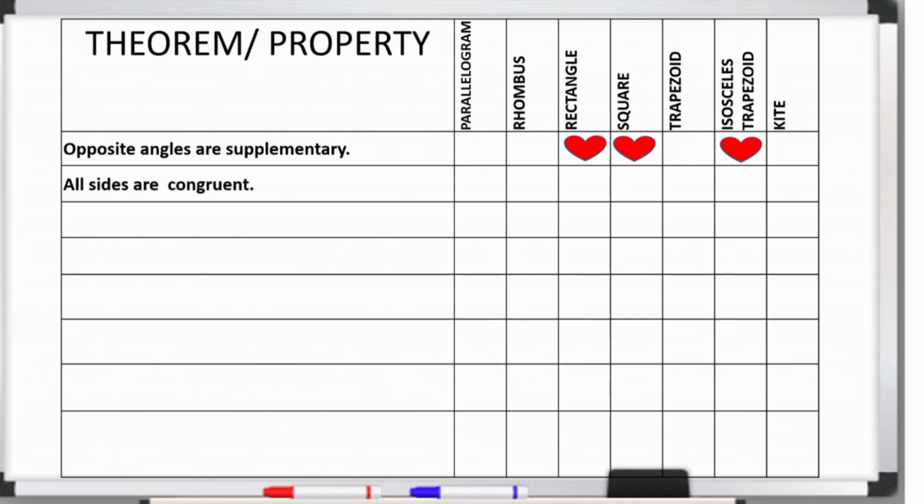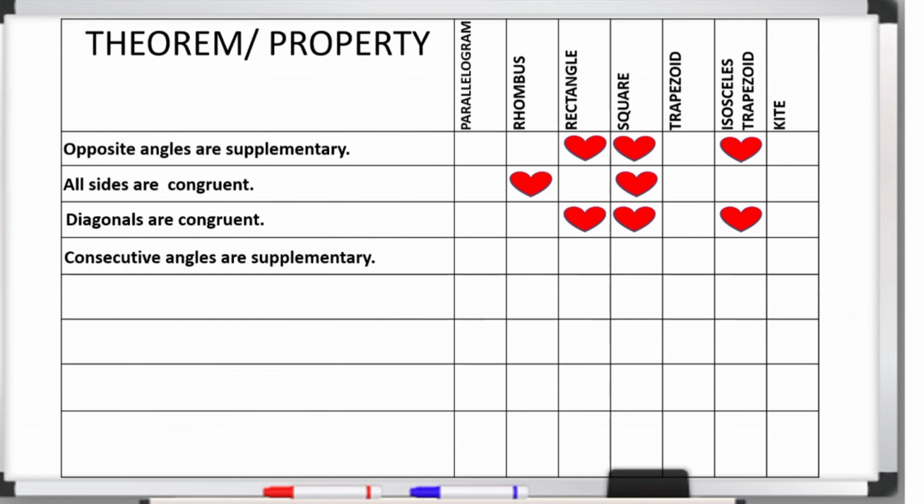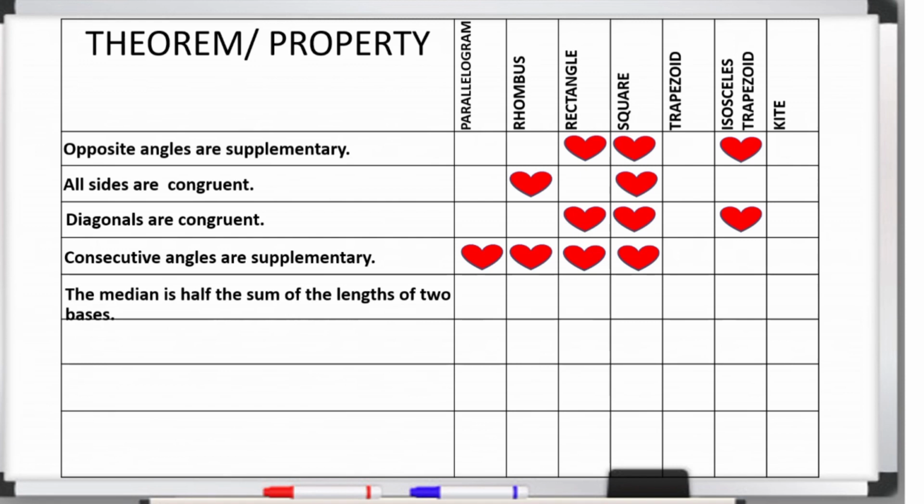What about all sides are congruent? So we have rhombus and square. Diagonals are congruent. So we have rectangle, square, and isosceles trapezoid. Consecutive angles are supplementary. So we have parallelogram, rhombus, rectangle, and square.